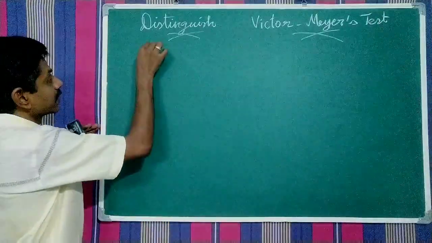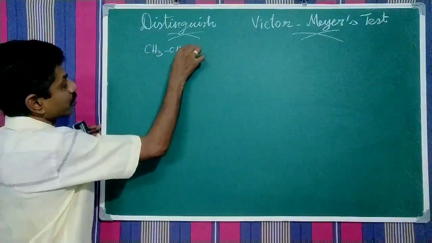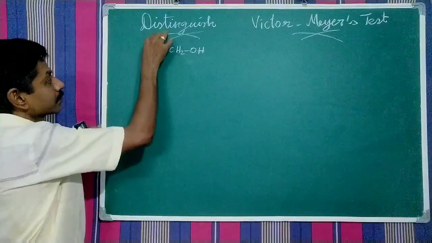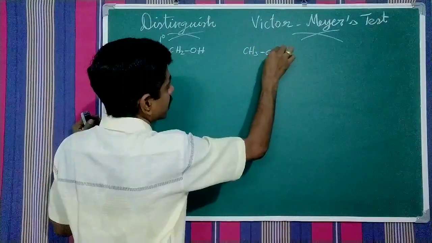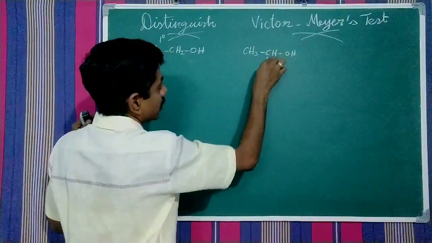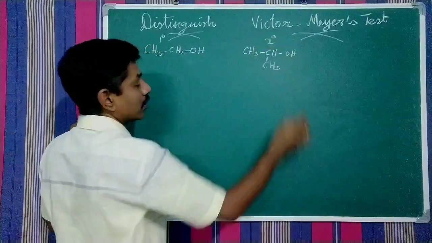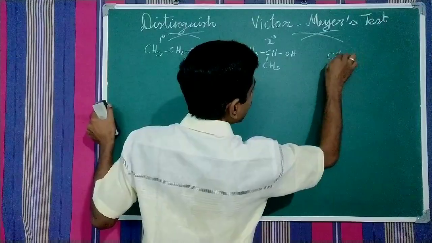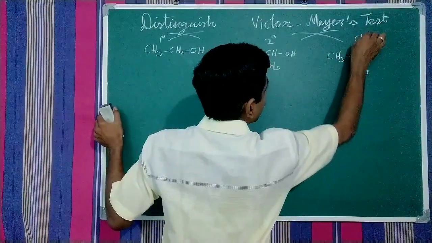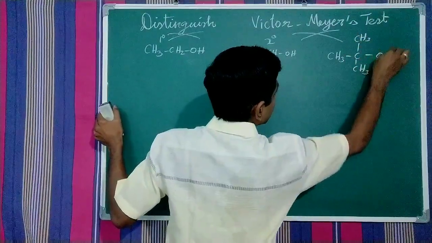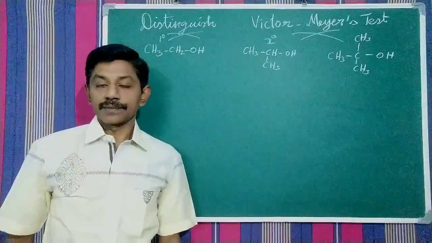How? Let us go with the same examples. Primary alcohol: CH3CH2OH. Secondary alcohol: I have taken CH3CHOHCH3, that is isopropyl alcohol or 2-propanol. Tertiary alcohol is tertiary butyl alcohol, or I can say 2-methyl-2-propanol. So we have taken three types of alcohol.